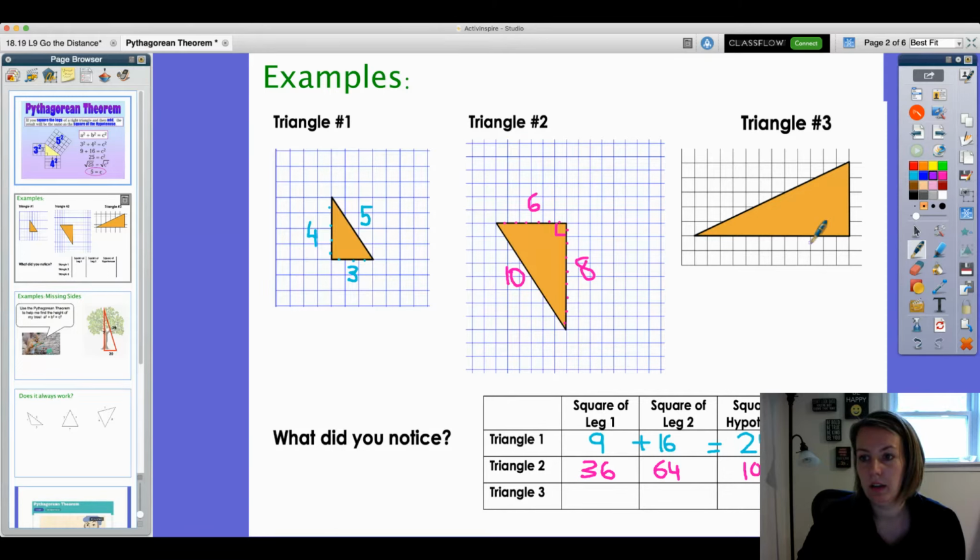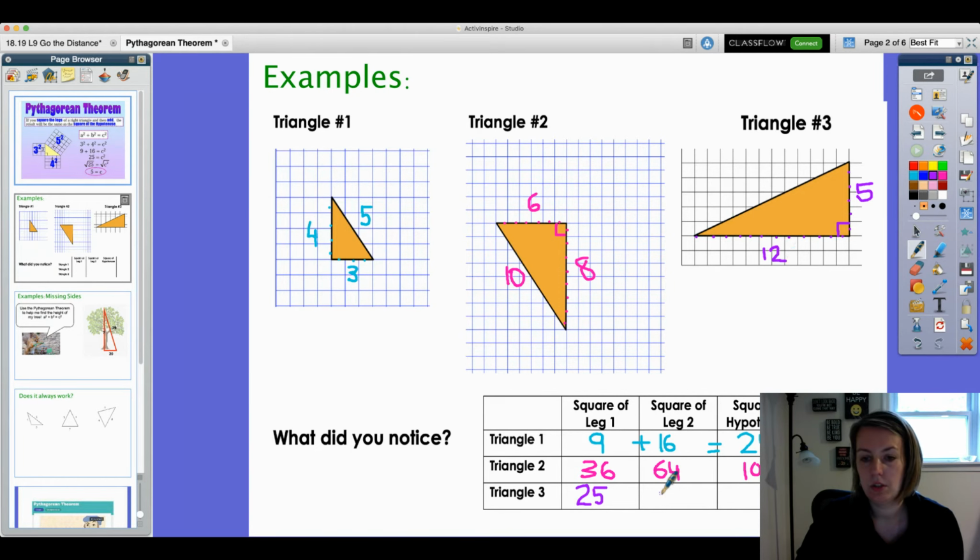And then the other one, triangle number 3. Remember, we have to locate that right angle first, which is right here. So one of my legs is 1, 2, 3, 4, 5. And if I square that, I'm going to get 25. And my other leg is 1, 2, 3, 4, 5, 6, 7, 8, 9, 10, 11, 12.